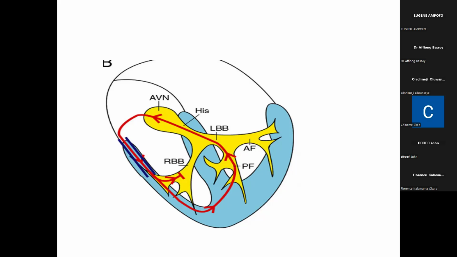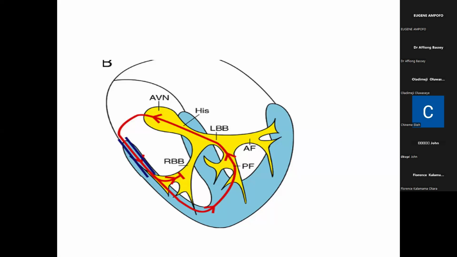So that is the orthodromic feature of AVRT. Is that one clear? Yes, sir. It's just that this aberrant tract is very fast to take it back up. So as long as it's very fast to take it back up, by the time we are depolarizing the ventricle, it has already also depolarized the atrium at the same time.